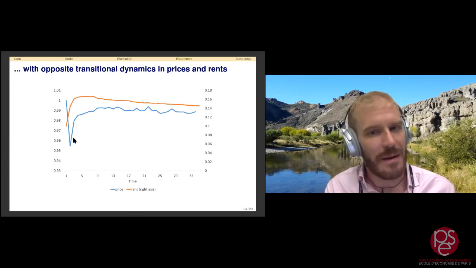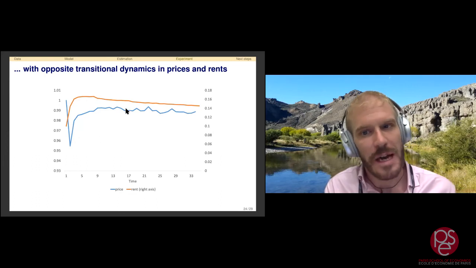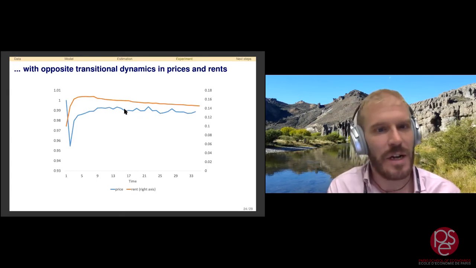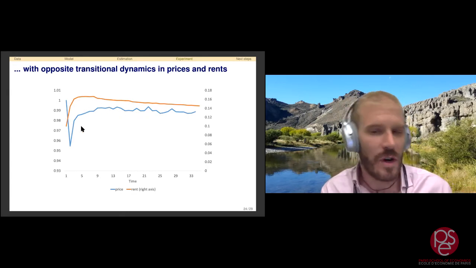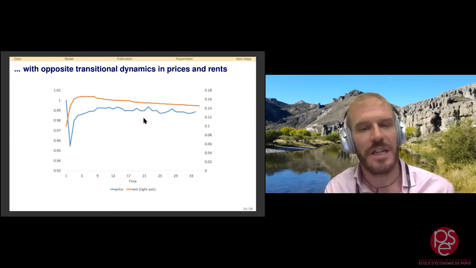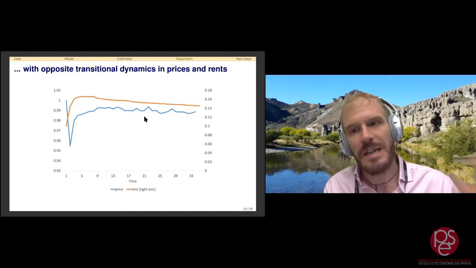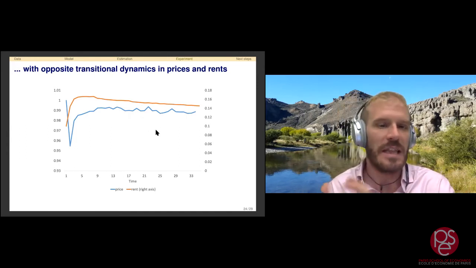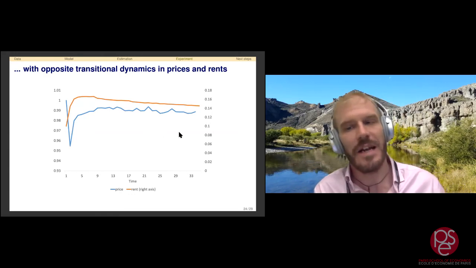rents go up and house prices drop, and then house prices experience a much higher volatility, even in terms of standard deviation. This is also something that one observes in the data, but which comes within the model because of the gaps between the house sizes that are available for owning.